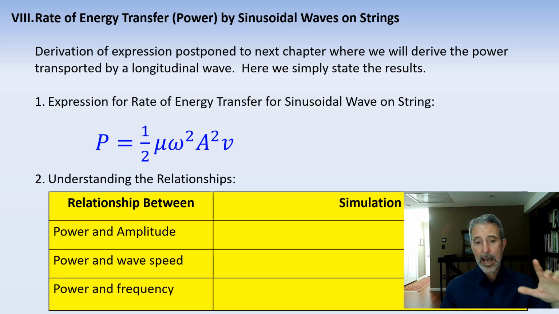And then after watching the simulation on the next slide, you can come back and fill in your notes here, and hopefully it will make a little bit more sense once you visualize what's going on.